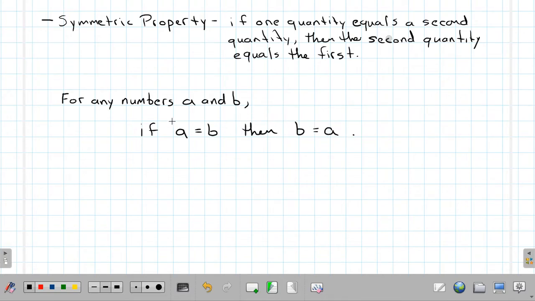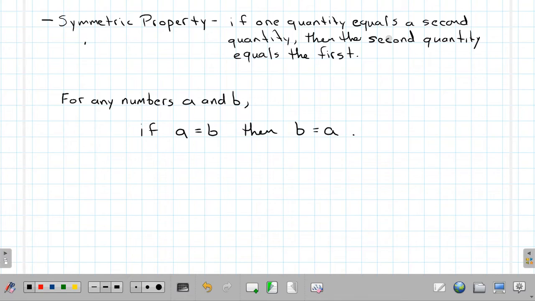And this property allows us to flip things across the equal sign, okay? If something's on the left-hand side and it's equal to something on the right, then if you flip those things over the equal sign, it's still true. The second thing is also equal to the first.